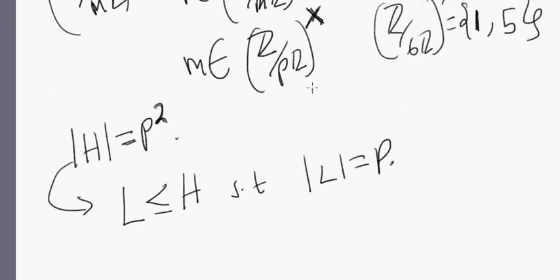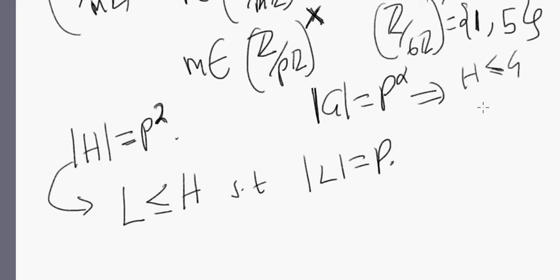The claim we seem to have come up with in our series on exploration of Lagrange's theorem was that if order of G equals p to the alpha, then that implies that there exists some subgroup H of G such that order of H equals p. See if you buy that statement or not, or can prove it.